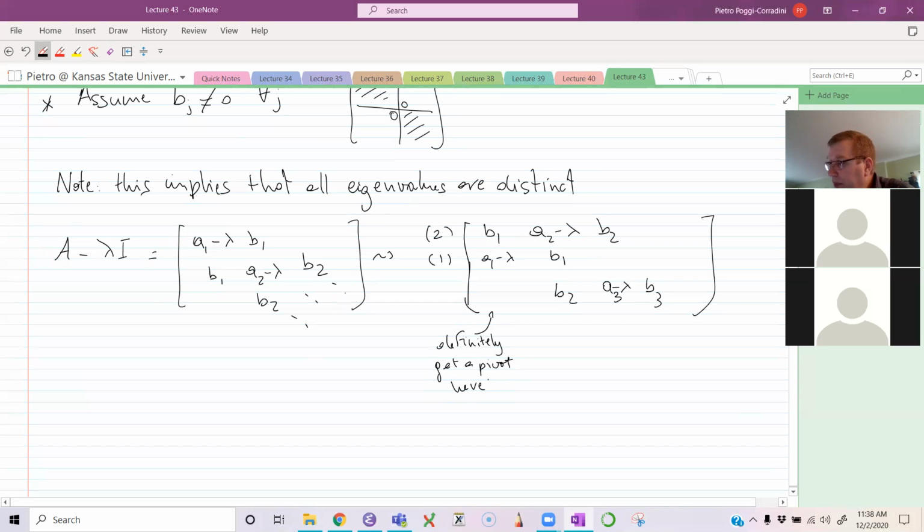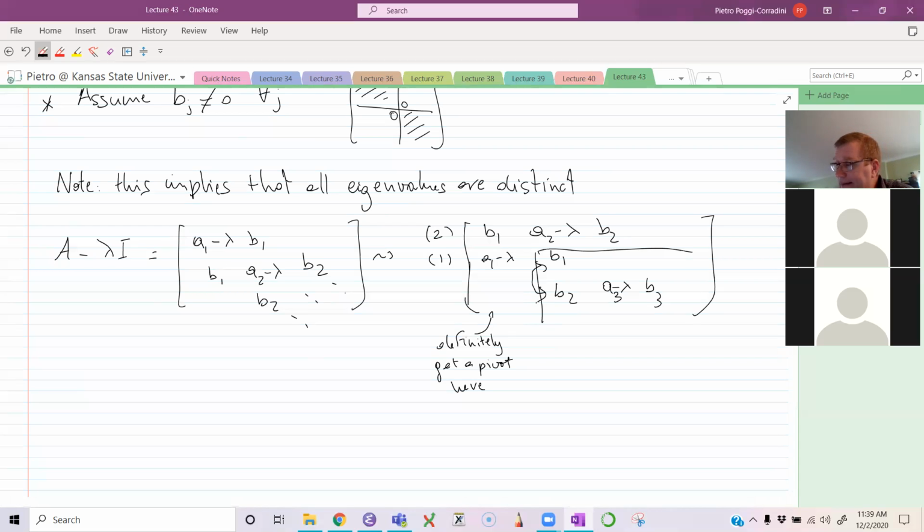Okay, but then you can repeat, right? Once you've done that, now you look at this block, and when you make this 0, you don't really perturb the third line. So again, you're going to be able to swap these two lines, and then b2 will be non-zero, and you'll definitely get a pivot there, right?